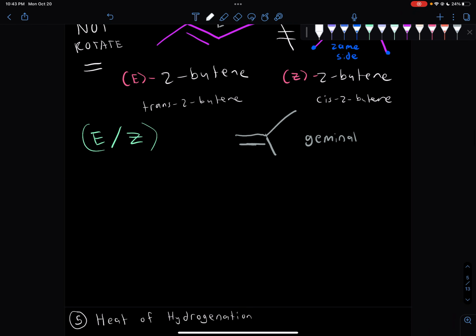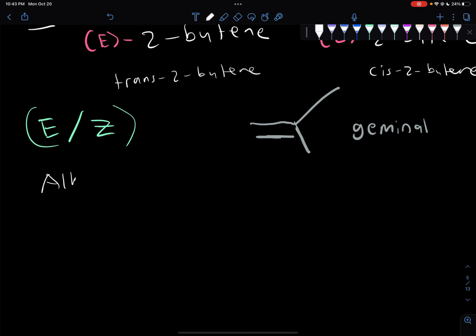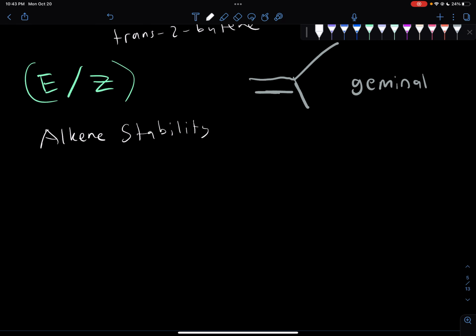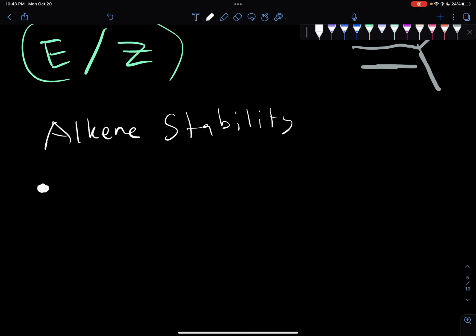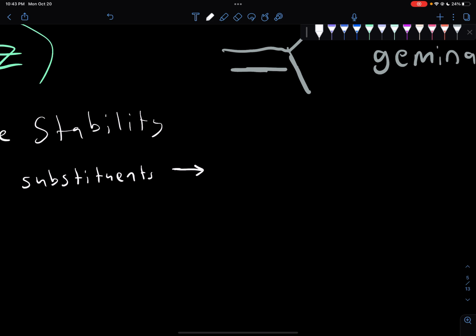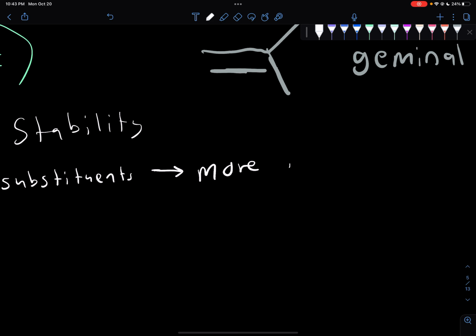So let's talk about alkene stability. Okay, so the first thing you want to look at is number of substituents. More is better. More is better.